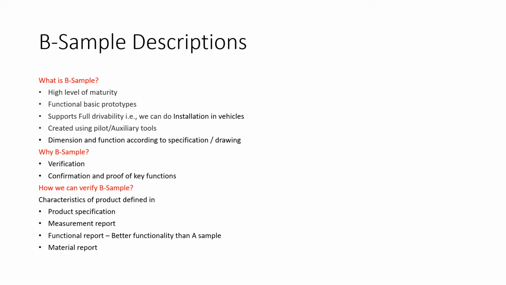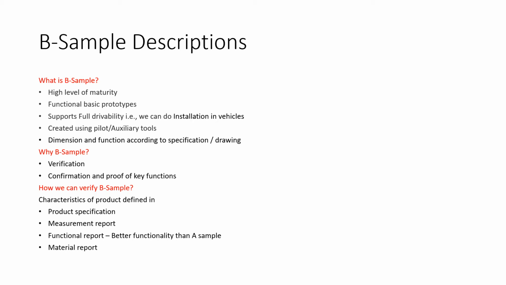This B sample product will be manufactured using pilot tools or auxiliary tools. So you can verify whether dimension and function are according to the specification or not. B sample is for verification purpose and confirmation and proof of key functions.